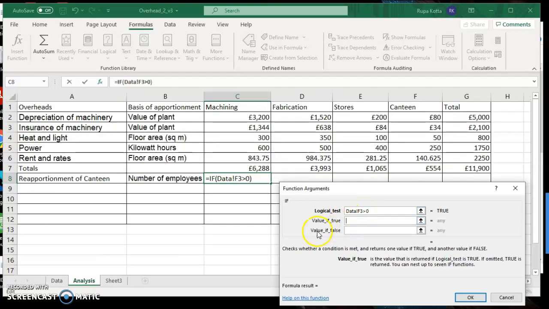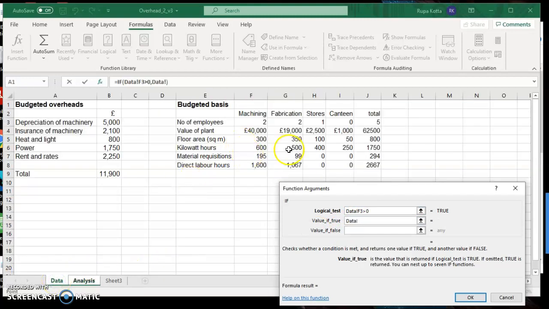So the formula you want to use will be the employees in the machining department divided by the total employees multiplied by the canteen cost, or else you can do canteen cost multiplied by the machining department divided by the total. Whichever way you want to do it, you can do the formula. Always divide the department by the total multiplied by the cost, or cost divided by the total multiplied by the department.